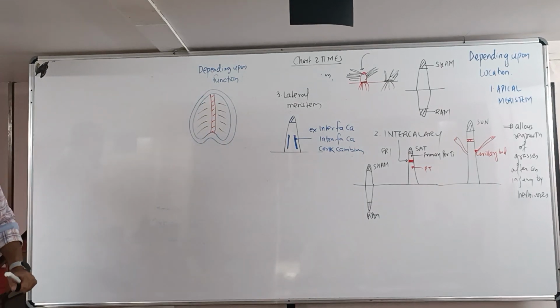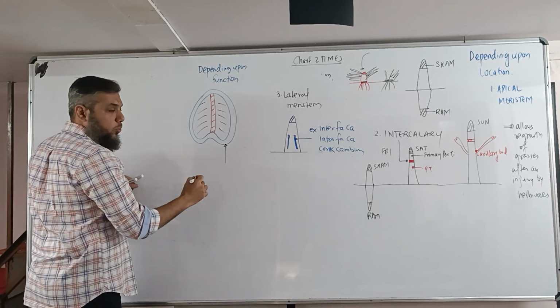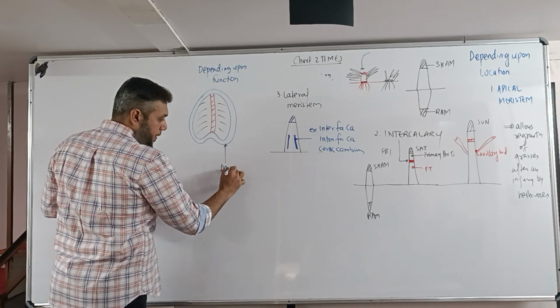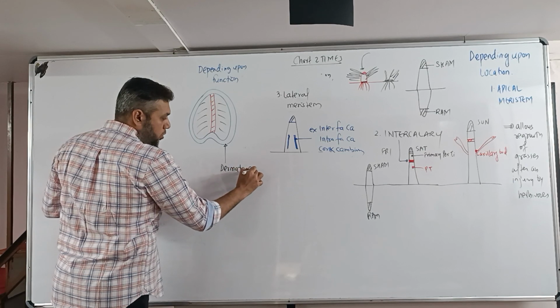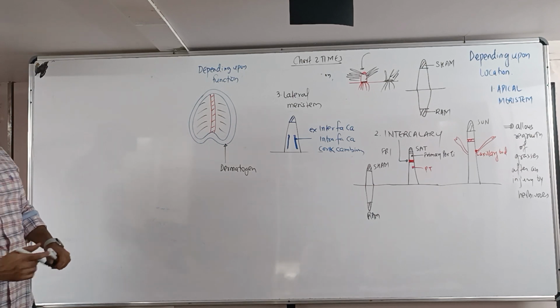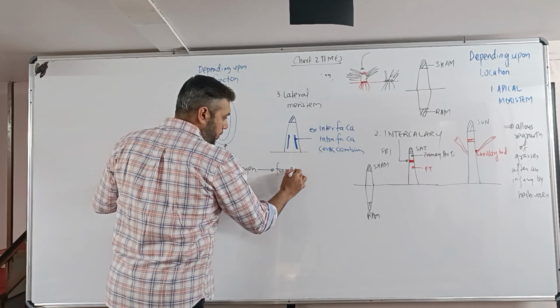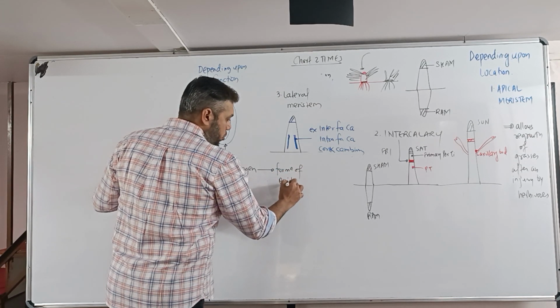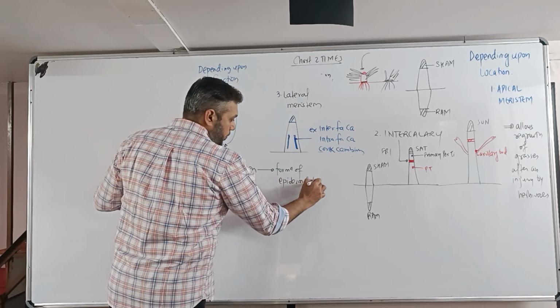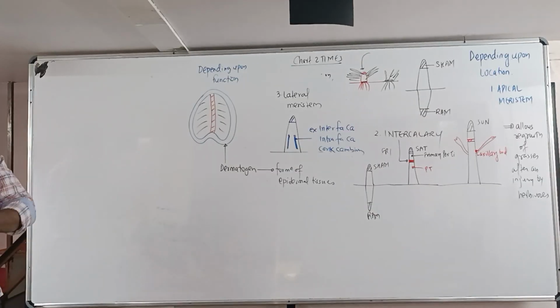Do you see 3 layers? Outermost layer is which color I have shown? Blue. It is called what? Dermatogen. या फिर उसका दूसरा नाम मैंने क्या दिया था? Protoderm. भूल गए इतना जल्दी. And this results in the formation of epidermal tissue system. In other words, we'll say it will form the skin of the plant.